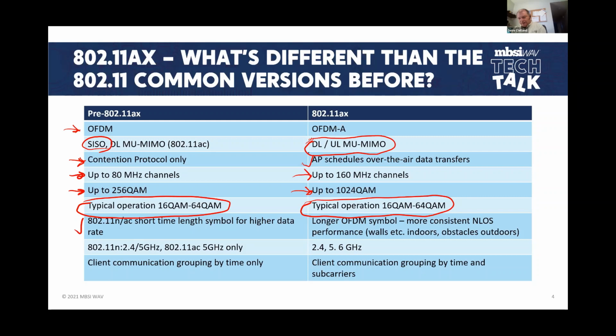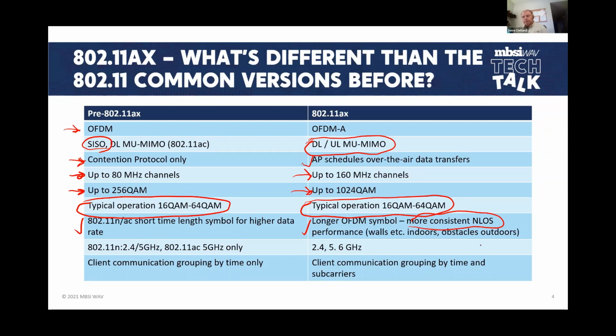Here in 802.11ax now, for those of you who have taken an LTE course from any of the manufacturers, or if I've taught you, you know that OFDMA allows for a longer OFDM symbol, which means that I can have more consistent non-line-of-sight performance and achieve the data rate that I need, while dealing with walls and other obstacles, maybe trees outdoors, in a much more efficient way than I could before.